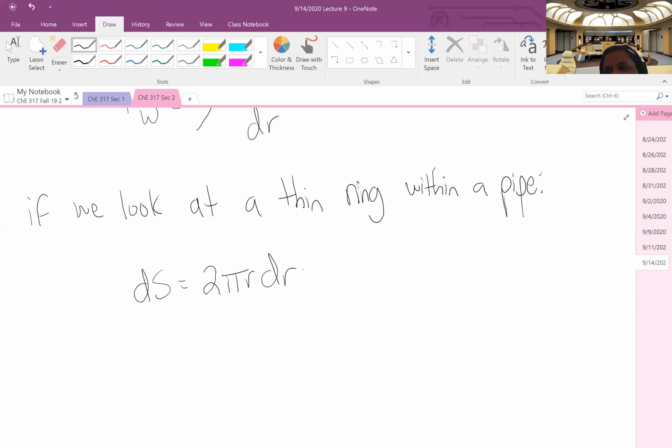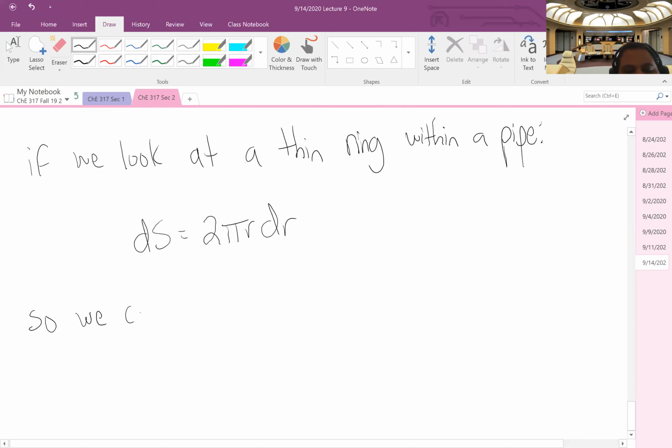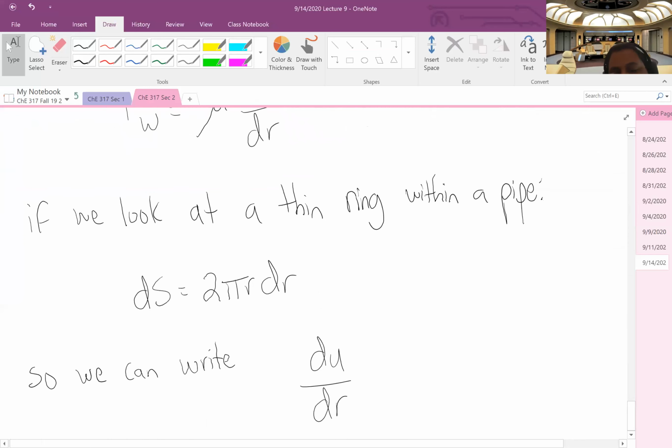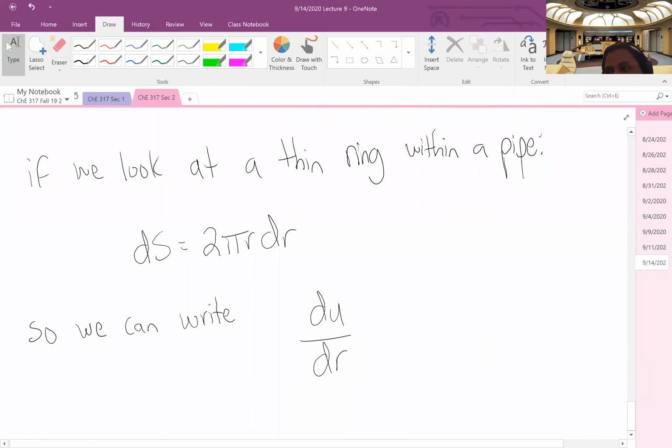So we can write the function, or that velocity gradient now, instead of looking at it simply in terms of a y, we're looking at it in the radial distance. It looks something like this.